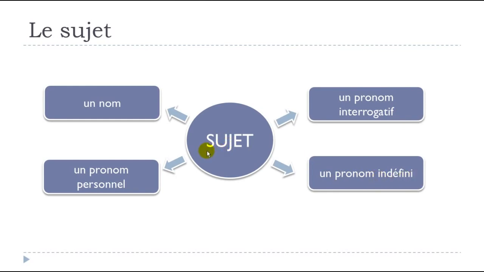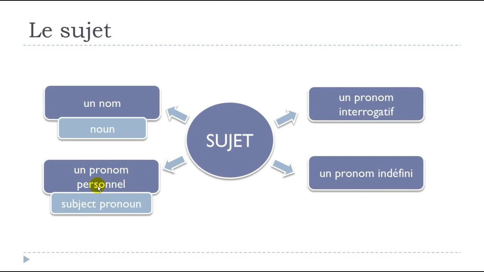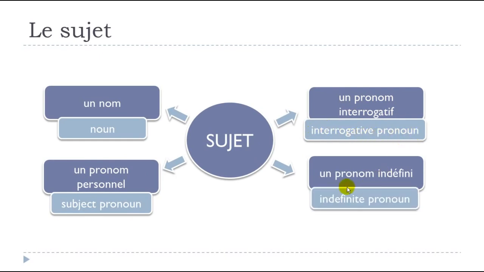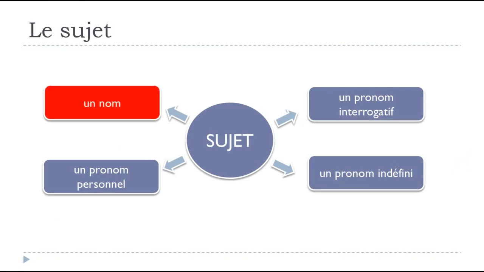So when we're talking about a subject, it can be un nom, a noun, un pronom personnel, a subject pronoun, un pronom interrogatif, an interrogative pronoun, or then un pronom indéfini, an indefinite pronoun. And of course we'll start with the first one, un nom.